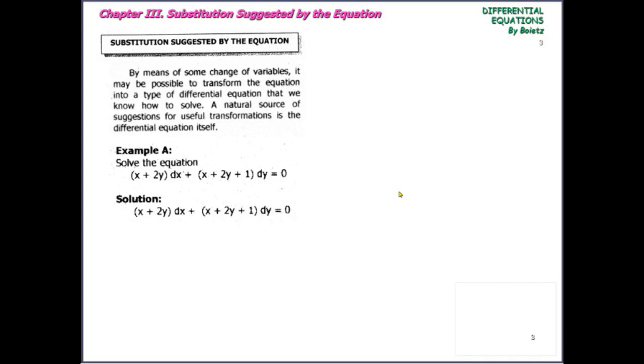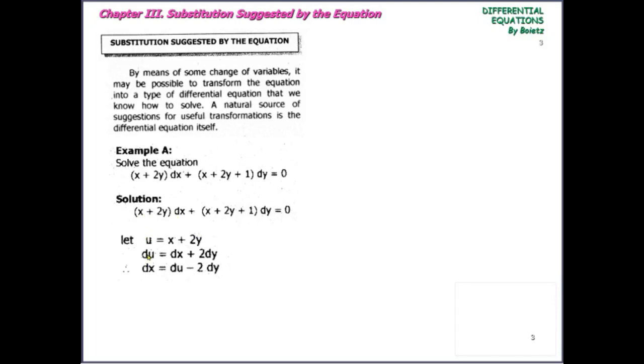So since here mapapansin mo dito may x plus 2y doon tapos merong x plus 2y din dito. Maybe ito pa lang magbibigay na ng suggestion na you can try to substitute this term yung x plus 2y into another variable. Okay? Let's say let u is equal to x plus 2y.